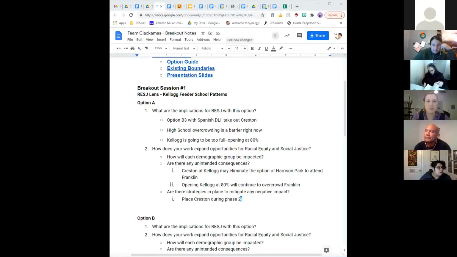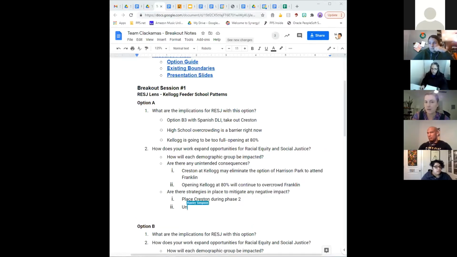Well, a more general question. So are you saying that the appeal of a brand new building draws more students? So if that's the case, then we should be under enrolling Kellogg slightly and over enrolling Harrison Park slightly, or having Harrison Park's enrollment be higher, right?